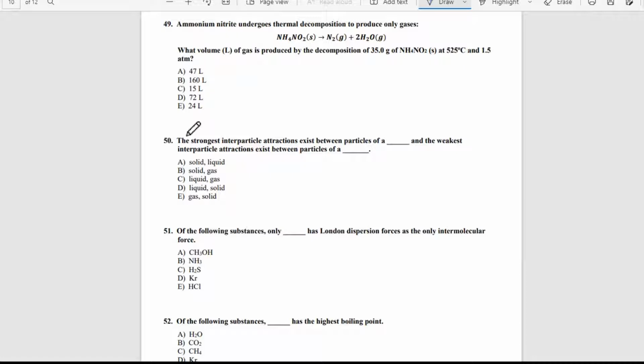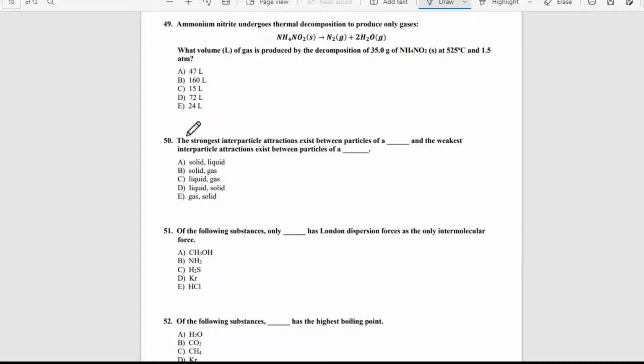Okay. So this one says 49, ammonium nitrate undergoes thermal decomposition to produce only gases. What volume of gas is produced by the decomposition of 35 grams of ammonium nitrite at 525 degrees Celsius and 1.5 atm? Okay, so this is interesting.